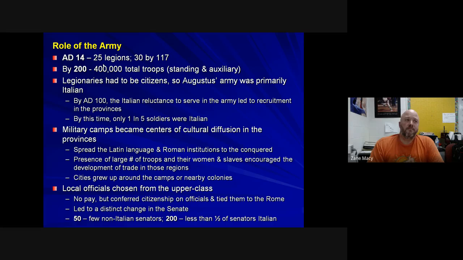As you start to see more natives in these provinces gain citizenship, gain leadership roles, and get promoted over time, you see a big shift in the makeup of the Roman Senate back in Rome. As of the year 50, you had just a handful of non-Italian senators.